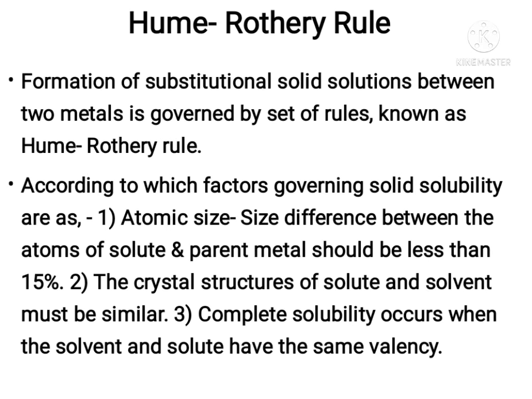It means the atomic diameters of solute and solvent differ by less than 50%. The second factor is crystal structure. The crystal structure of solute and solvent must be the same. Third is valency. For complete solubility, the valency of solute and solvent must be the same.